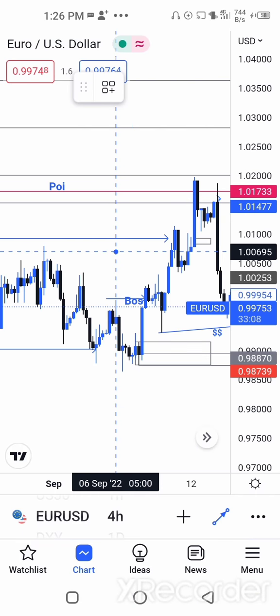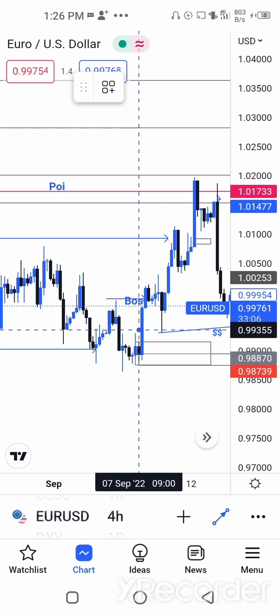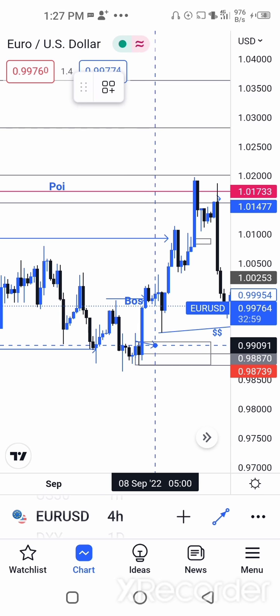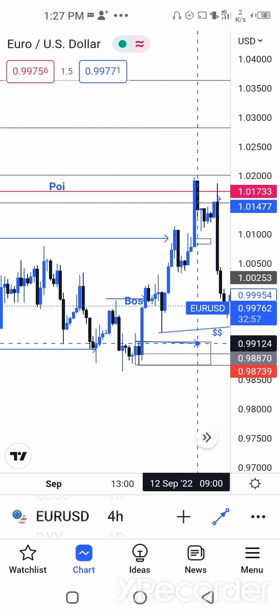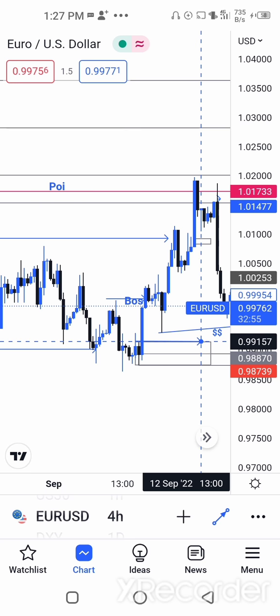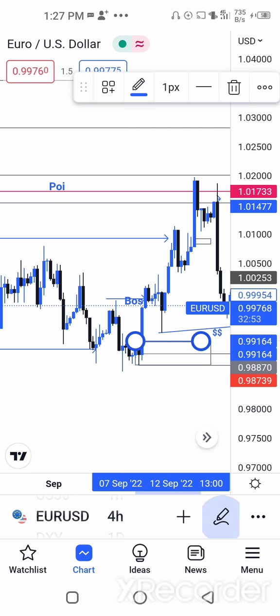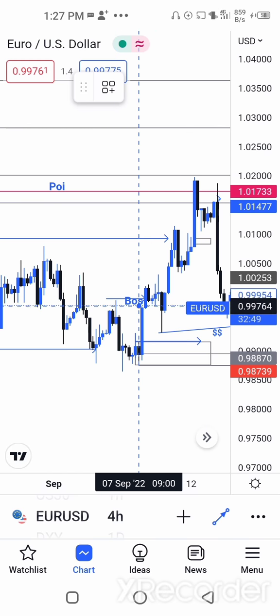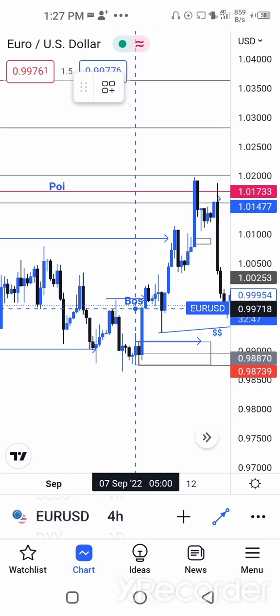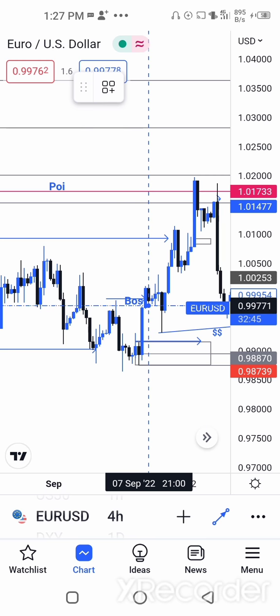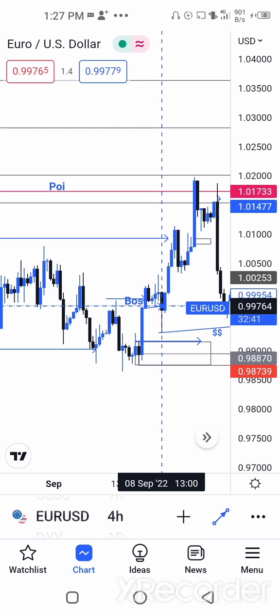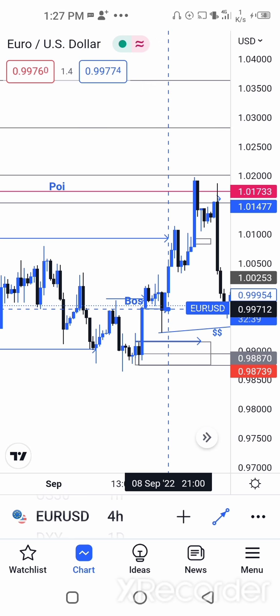Now coming to mark out the imbalance, from the high of the last black candle, we mark it out, to the low of the third candle, which is this. This is the low of the third candle.